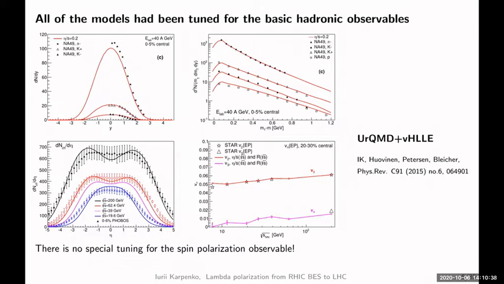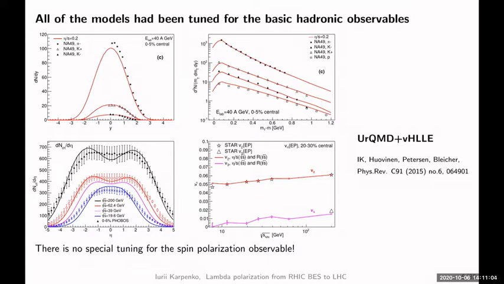So the polarization observable is not something which the model is tuned to reproduce, but it's basically something which you get for free from the model. And to my understanding, none of the models were specifically tuned to reproduce the polarization observable. It's basically rather the other way around. They were already fixed earlier from the basic observables.